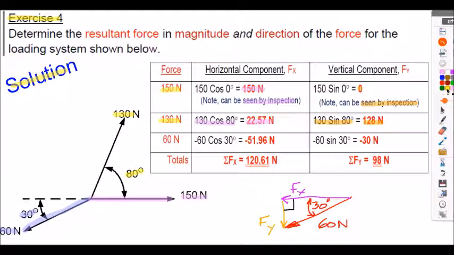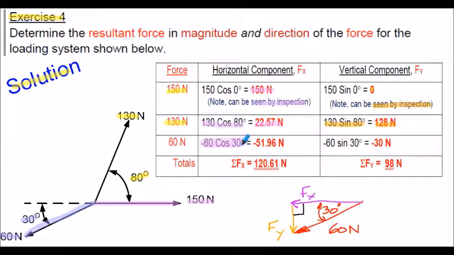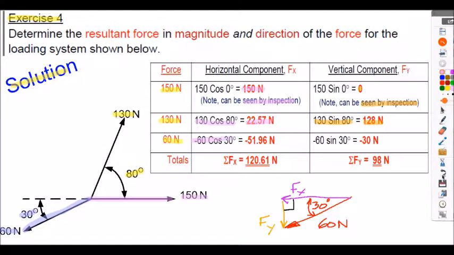For the 60 newton force, you can see we've got negative 60 multiplied by the cos of 30 degrees. That gives negative 51.96 newtons. And for the Fy component, we have negative 60 multiplied by the sine of 30 degrees. That gives us negative 30 newtons. So be careful, those negatives we had to add in to the solution.